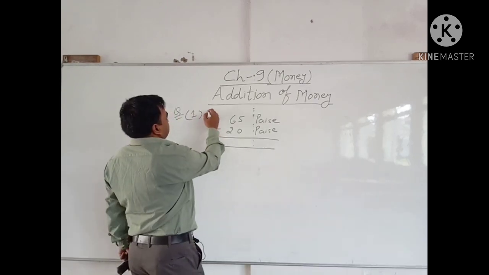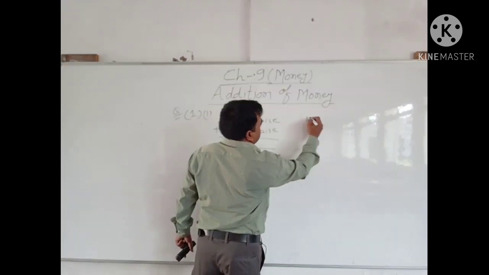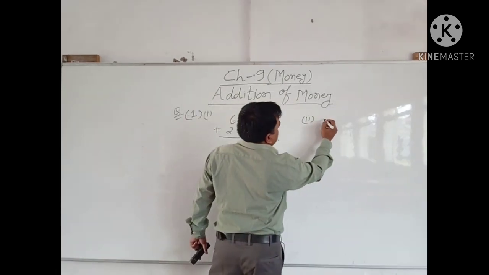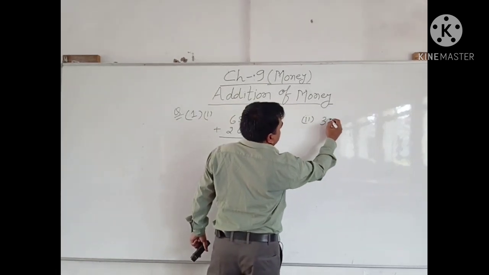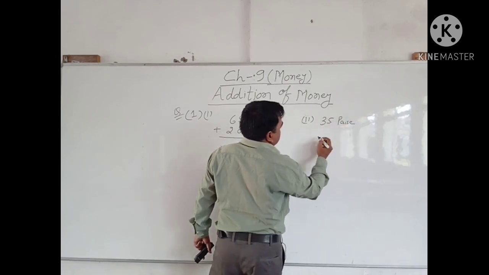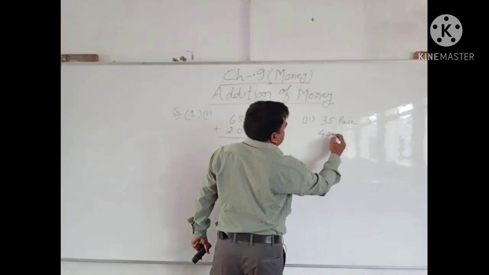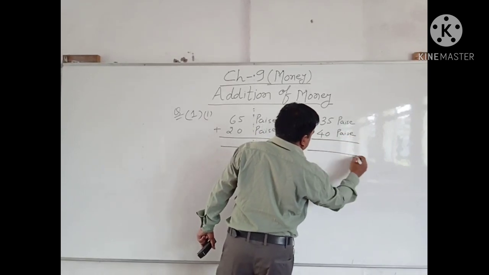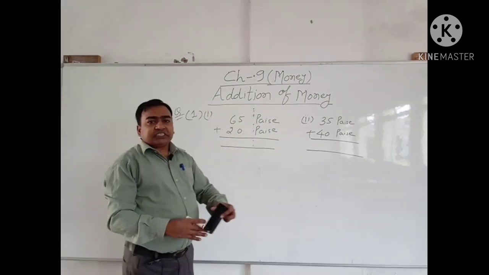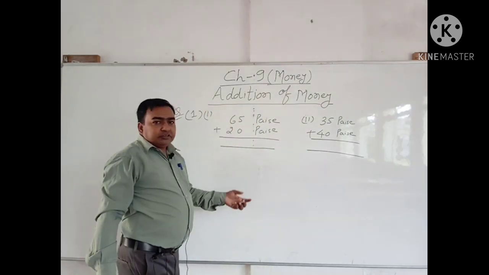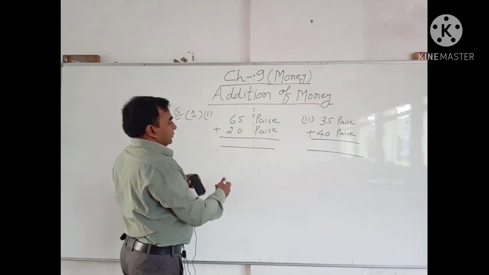Question number 2 is 35 paise and 40 paise. You can see that I have written two questions in column method. First we will solve this question.